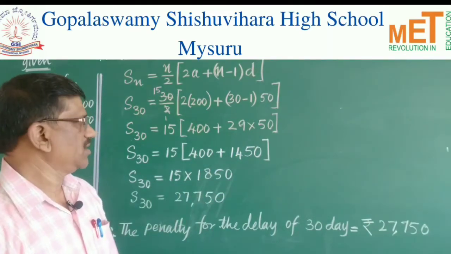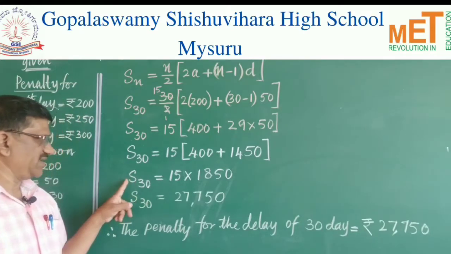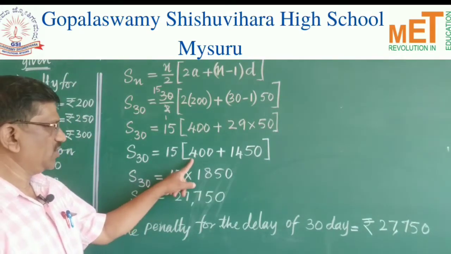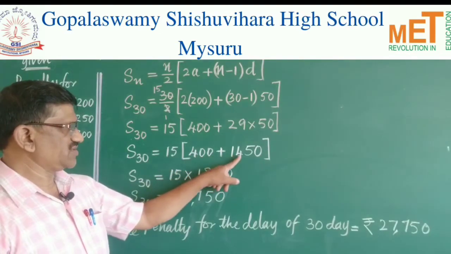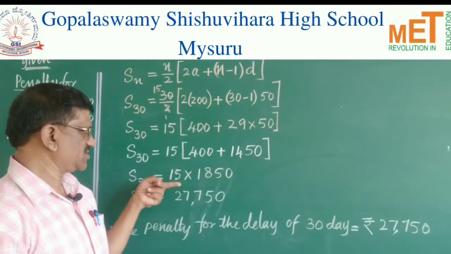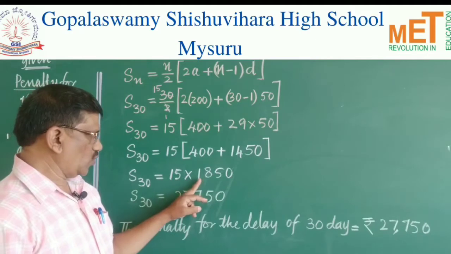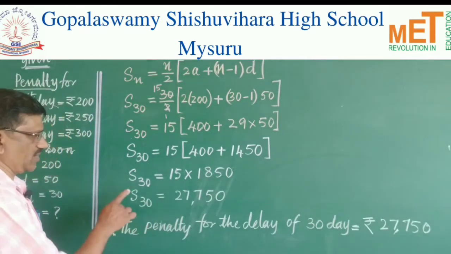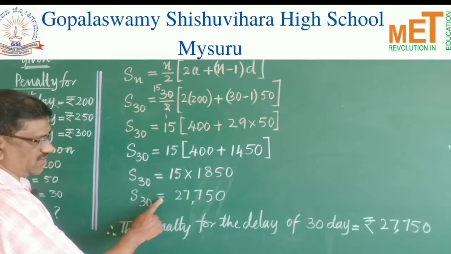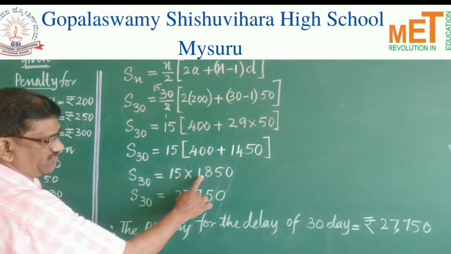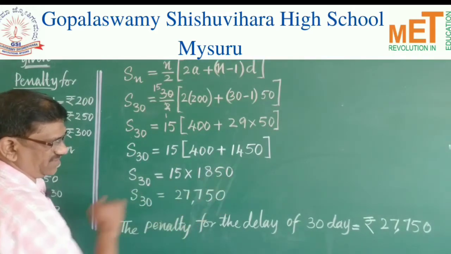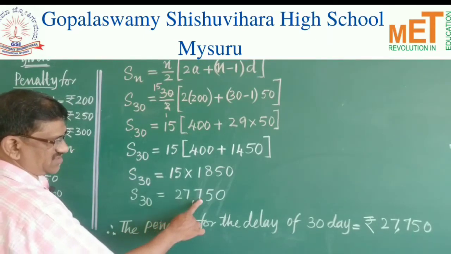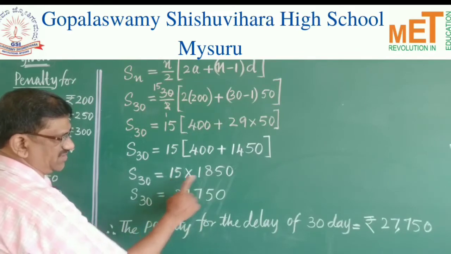Clear, children? In the next step, S30 is equal to 15 into, if you add 400 plus 1450, it becomes 1850. Now S30 is equal to multiplying 15 and 1850. You will get 27,750.